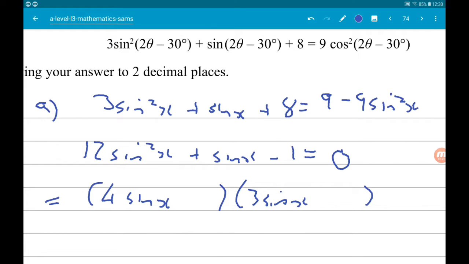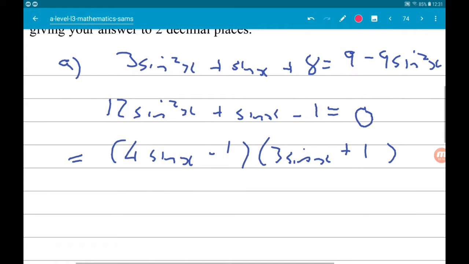Okay, so that takes care of the 12 sine squared. We want to end up with a positive 1 sine x. So if we have plus 1 times 4 sine, then we're going to have minus 1 times 3 sine. And that does the trick. So now we have 2 equations, either 4 sine x minus 1 is equal to 0.